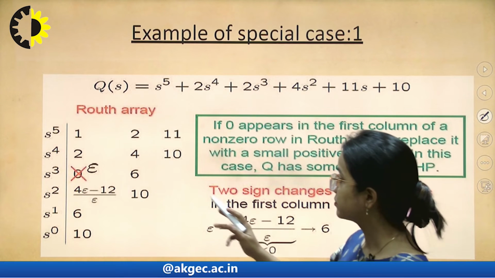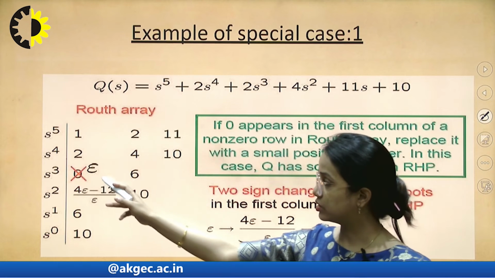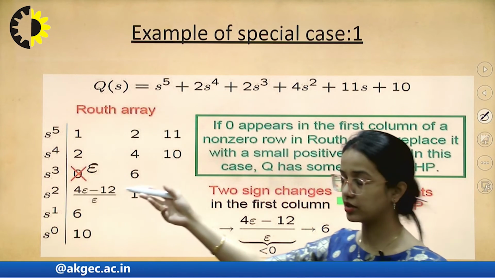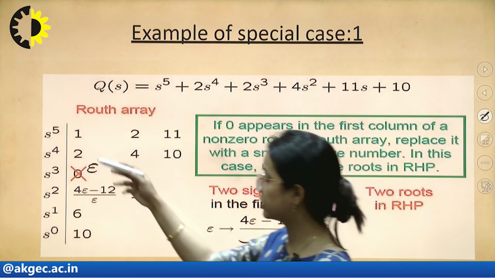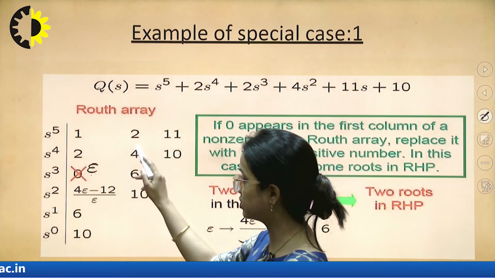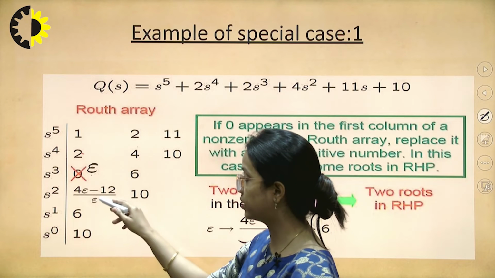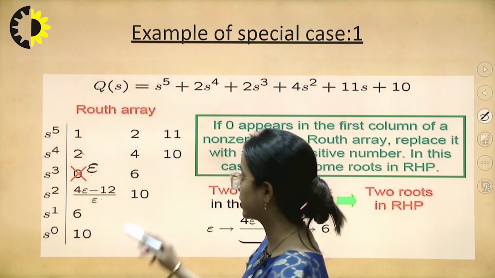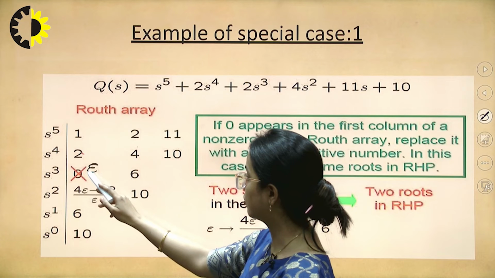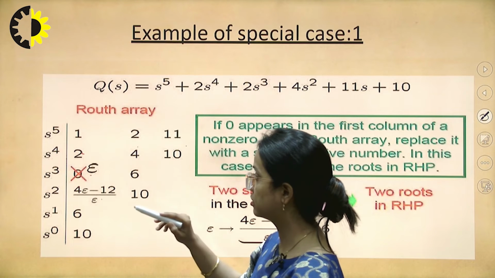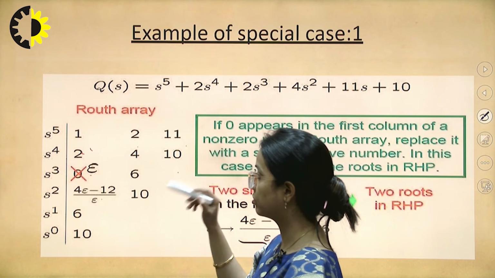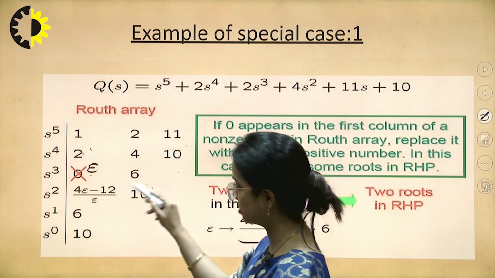So then we have substituted zeta here. The next row would come like 4 zeta minus 2 into 6 is 12 divided by zeta. And then the next term is 10 zeta minus 0 by zeta, which is 10 only.